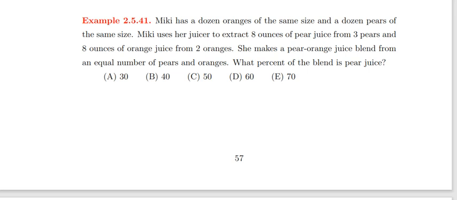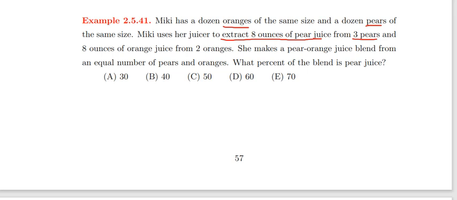Okay, so for this problem, it says Mikey has some oranges and some pears. He extracts 8 ounces of pear juice from 3 pears.